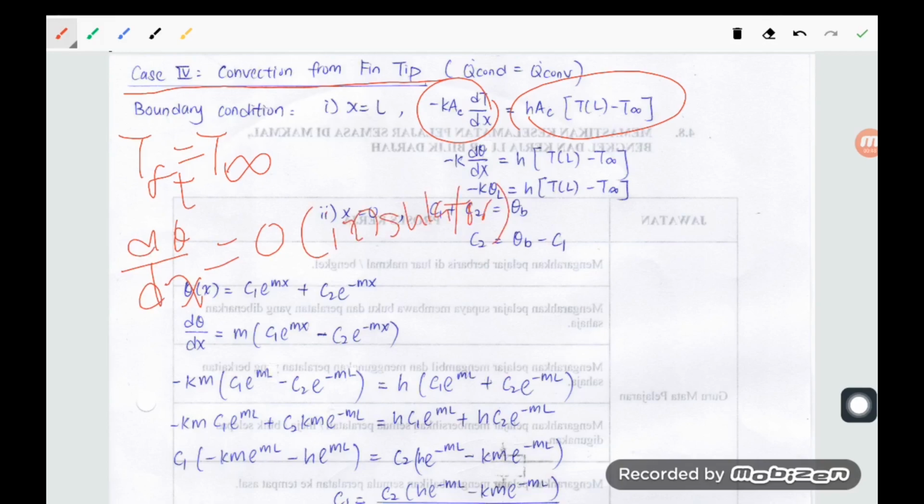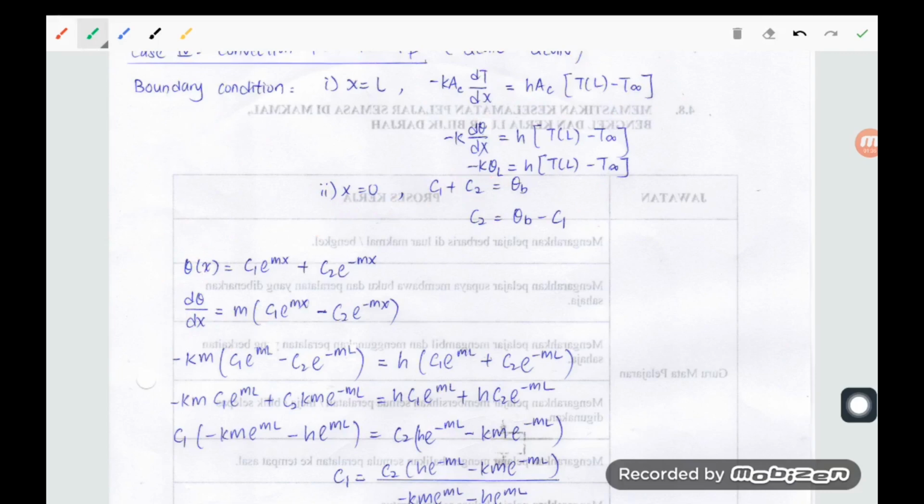For case 3, we set the T fin tip equal to some temperature, so we get the C1 and C2. For this case, we set it as the fin tip. We assume it releases heat by convection, so we get the first boundary condition and also the second boundary condition. We substitute this delta, which we can get from here, into here.